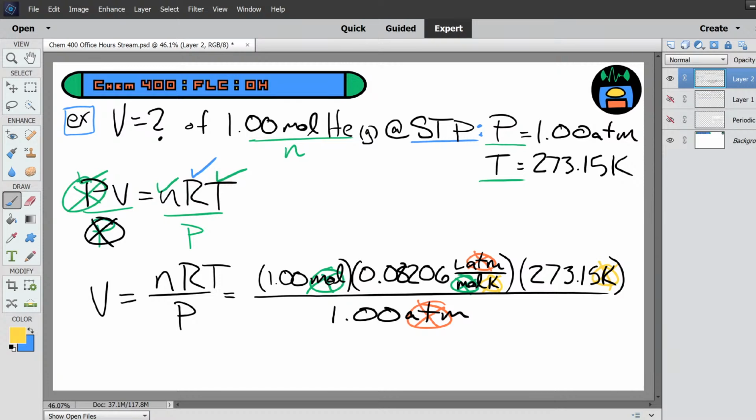And we are now good to crunch our numbers. The only unit left standing is liters, and that's good because that is our volume. All right, so multiplying all these things together, we have 1 times 0.08206 times 273.15 divided by 1.